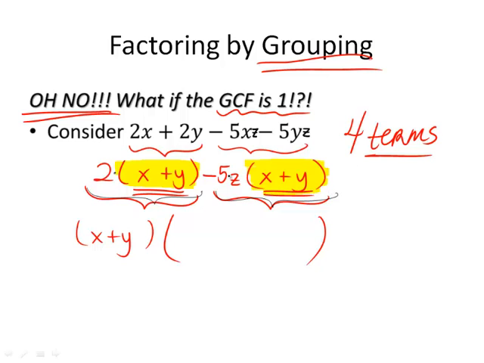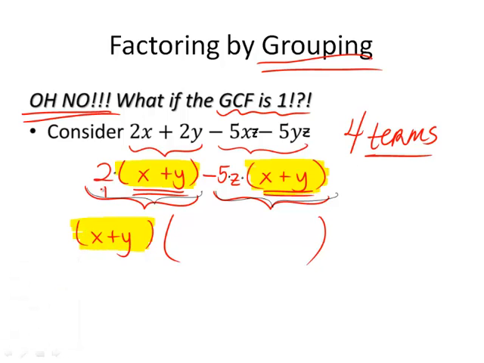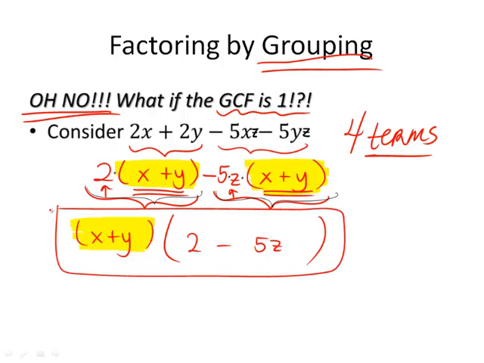This is multiplied, multiplied, multiplied. These are our clusters, and the x plus y has now been factored out as a common factor, which leaves us with a 2 minus a 5z in the other bracket. And this is our factored form.